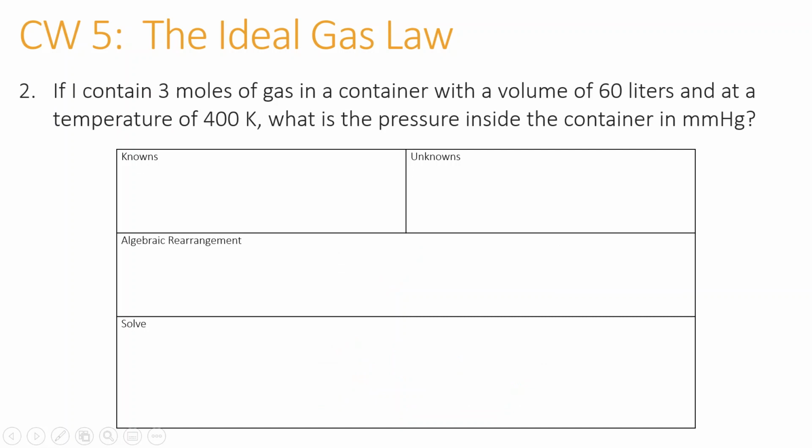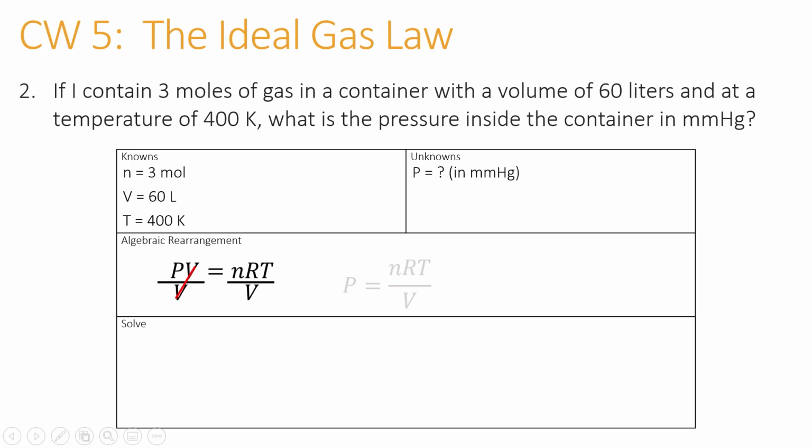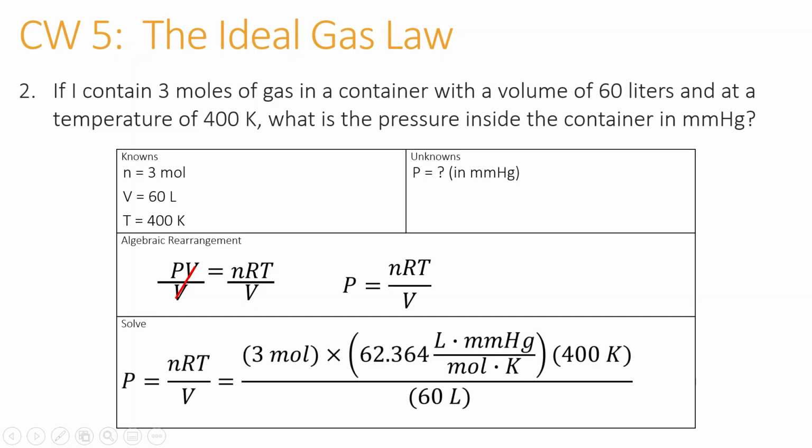In the next problem, we have 3 moles of gas in a container with a volume of 60 liters at a temperature of 400 Kelvin. We want to know the pressure in millimeters of mercury. So to solve for pressure here, I need to divide both sides by V. So I get P is equal to nRT over V. So in order to solve, we need to plug in our variables here.